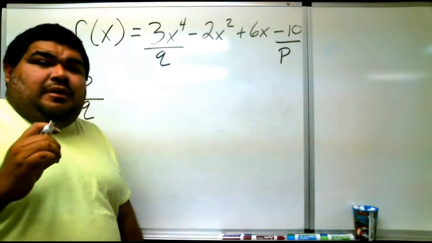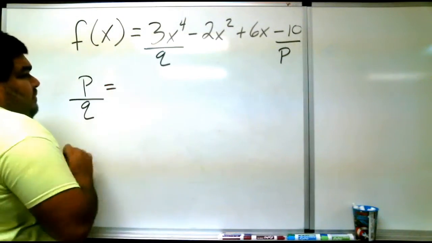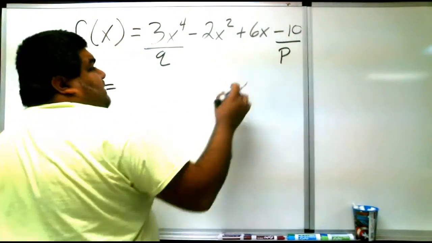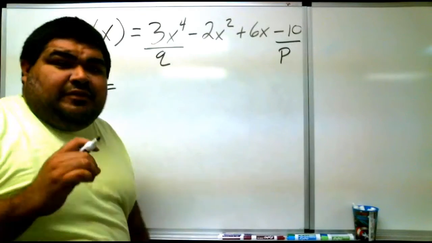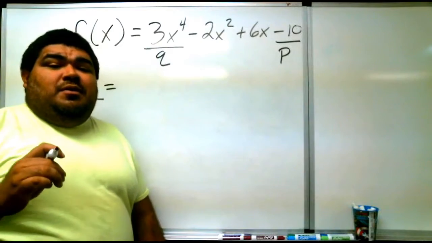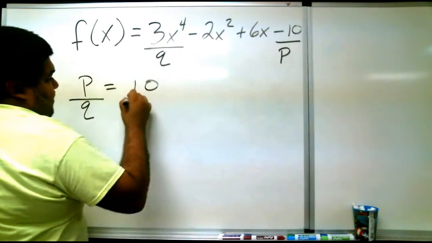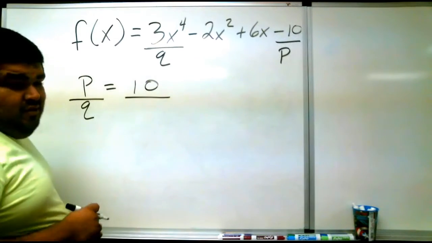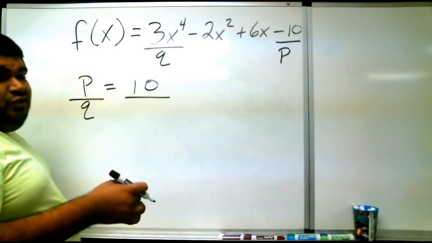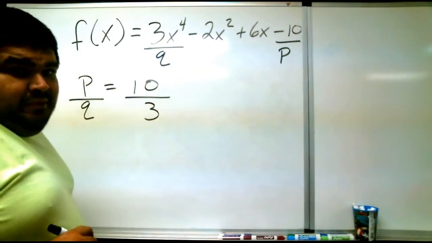Meaning that in this case, what is P? P is 10. We're not really going to worry about the negatives and positives in this problem. All we need is a 10. So we have 10 over our Q, or leading coefficient, which in this case is 3.